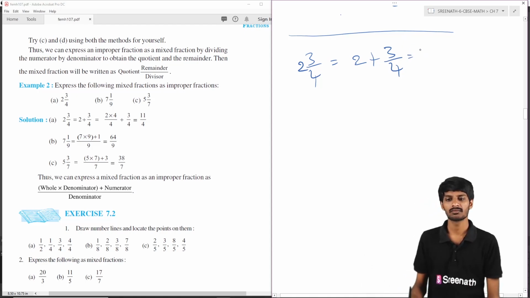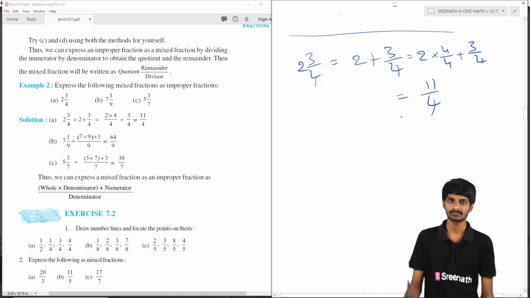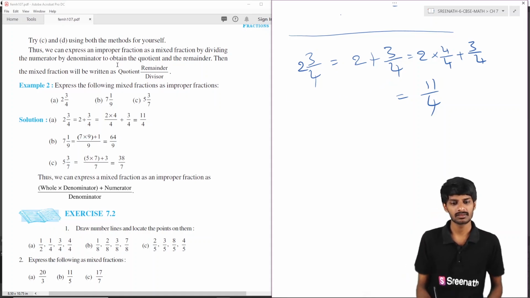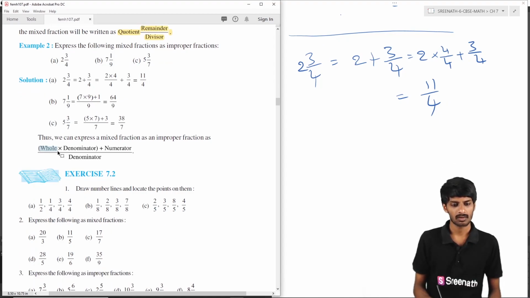So which means nothing but 2 into 4 by 4 plus 3 by 4. Okay, students. So it will give rise to 11 by 4. That is the thing. So this formula is the important thing. You have to remember it to convert them.